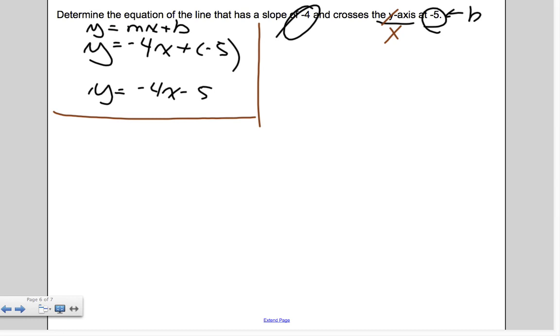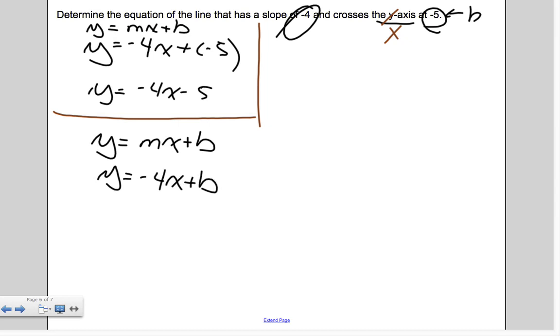Oh, we learned about this. Work it out! So how do we start? Y is equal to mx plus b. Are we given something? Yes, the slope, which is -4 still.